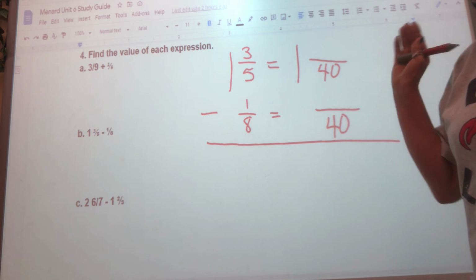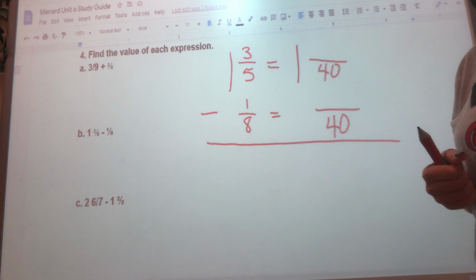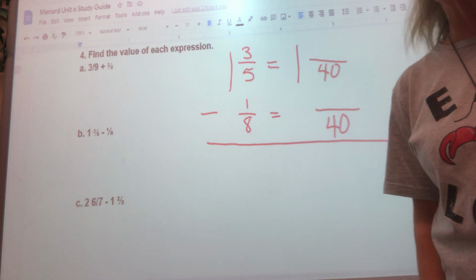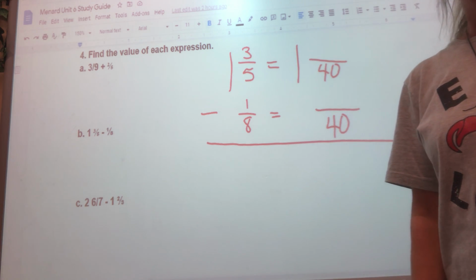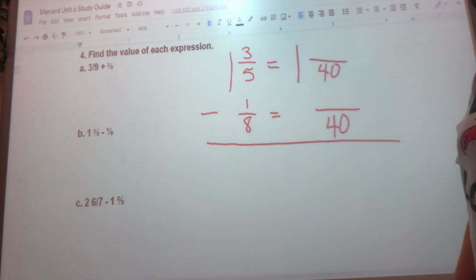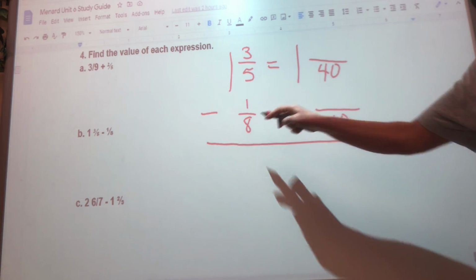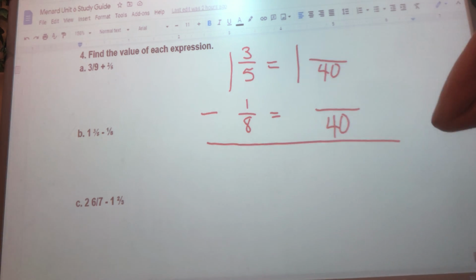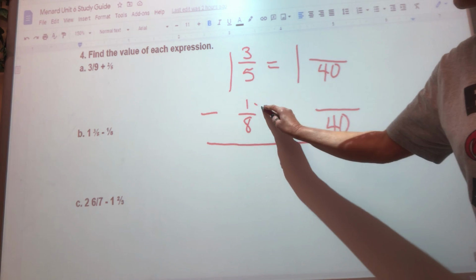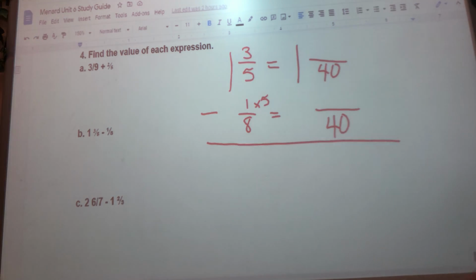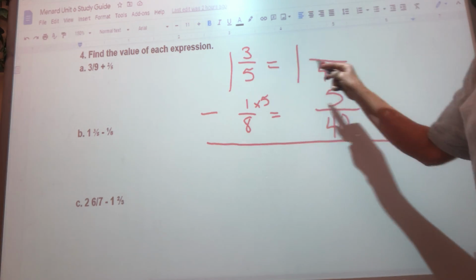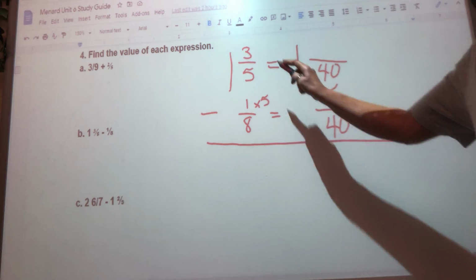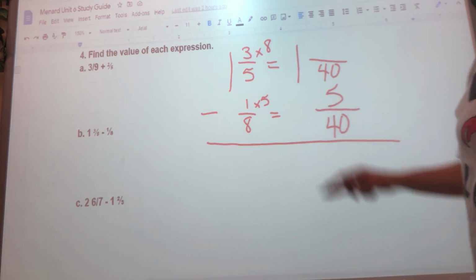If it says subtract and you add, well then, so sad for you. You should look at your signs. What would I have to do to 8 to get 40? Times 5. What would I have to do to 5 to get 40? Times 8. So my new numerator is 24.